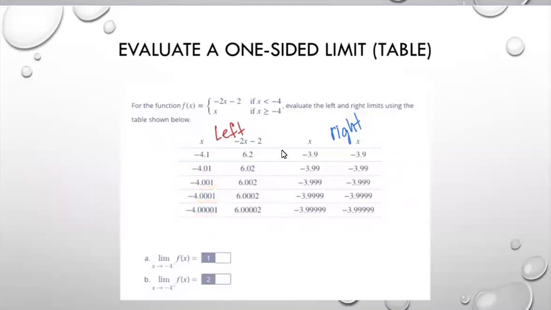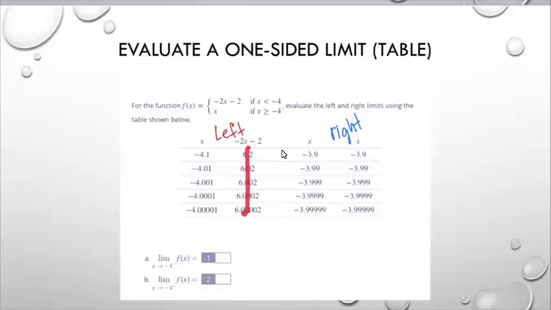All right, what is happening with the y value? I start with 6.2, 6.02, 6.002, and so on. Every time I have a 0 added to my decimal, the decimal part is getting smaller. So from 6.2, I am at 6.0.